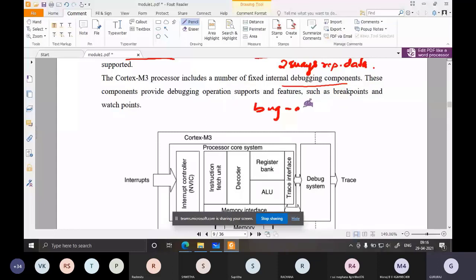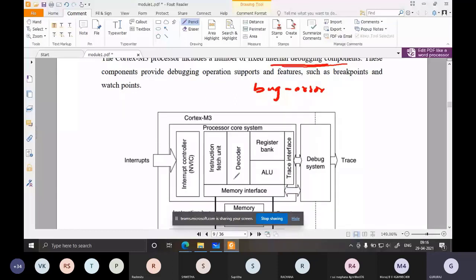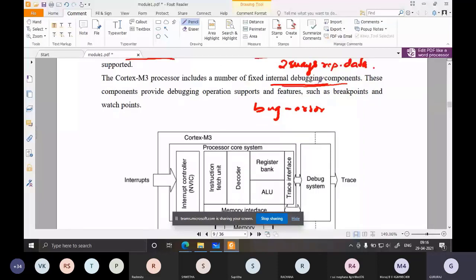So how will you do that? Using the debugging components, because you should be able to see inside the processor core and check the values, so that you come to know where the processor is going wrong, and then only you can remove that error or the bug. The Cortex M3 also supports internal debugging components providing debugging operations.